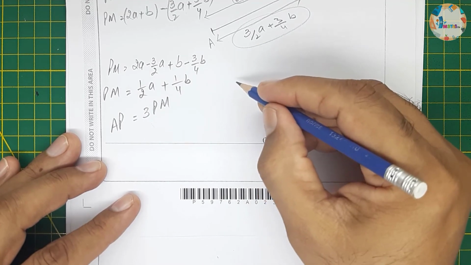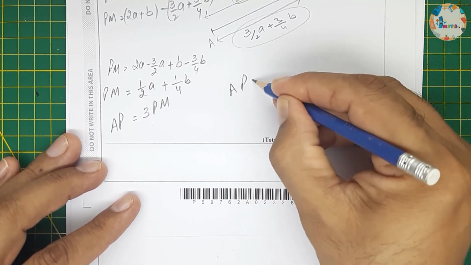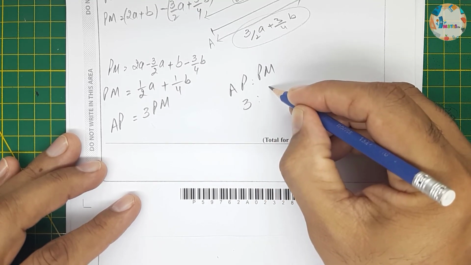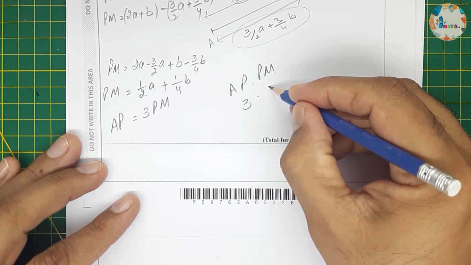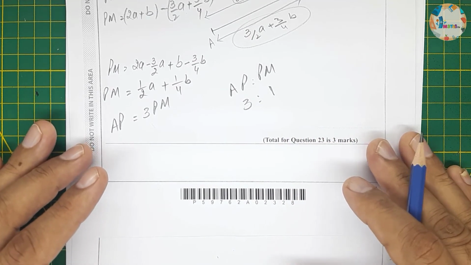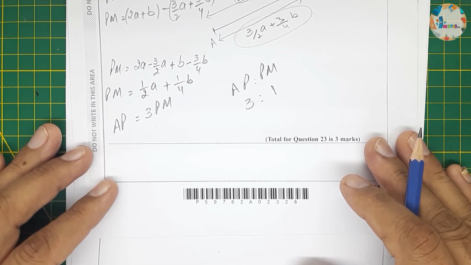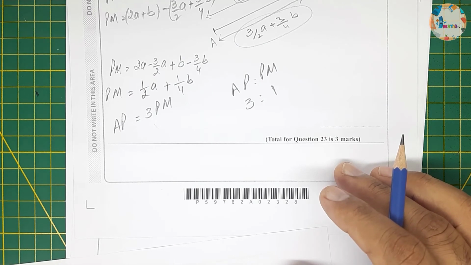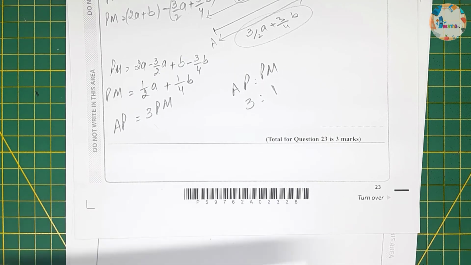So the ratio will be, we need AP ratio PM, which is equal to 3 ratio 1. Basically they require AP, so 3 times 1 will be this one. This is what we have found. Ratio of AP to PM is 3 ratio 1. So this question is done.